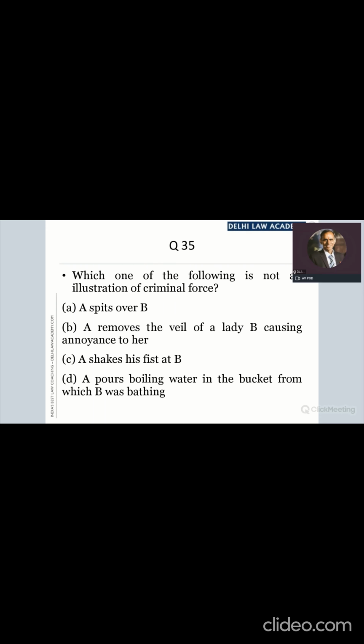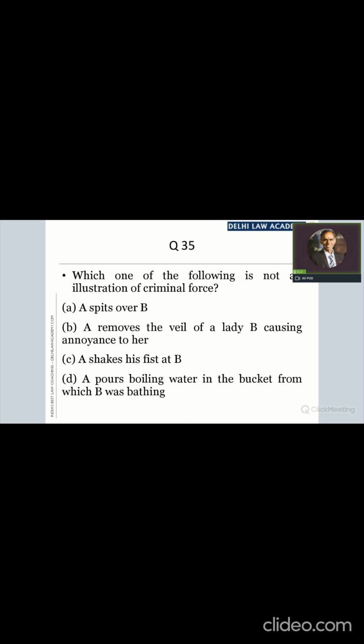And the fourth option is A pours boiling water in the bucket from which B was bathing. Here the substance to which motion is caused is water, and that water is poured into the bucket from which B was bathing.